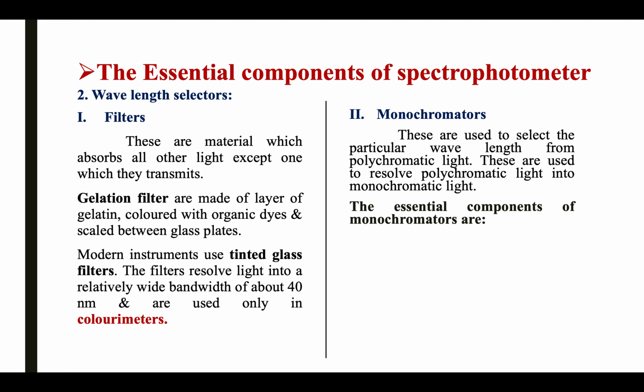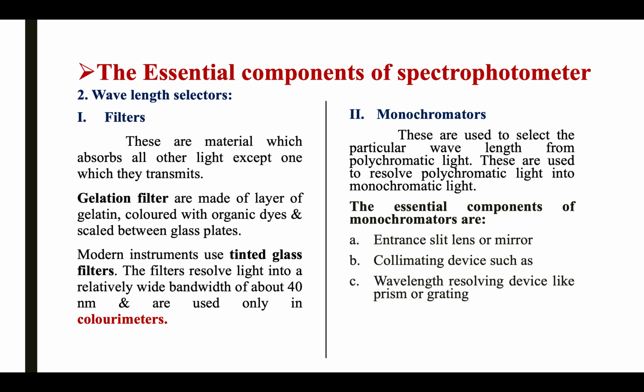The essential components of a monochromator: the first one is the entrance slit, lens or mirror. The second part is the collimating device, as we will see in upcoming slides. The third essential component is a wavelength resolving device like a prism or grating.